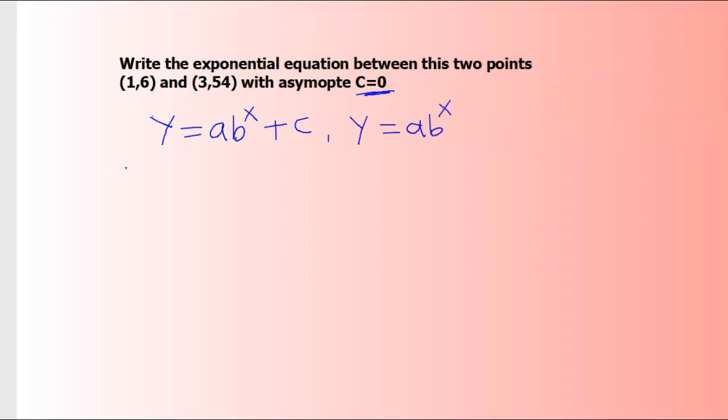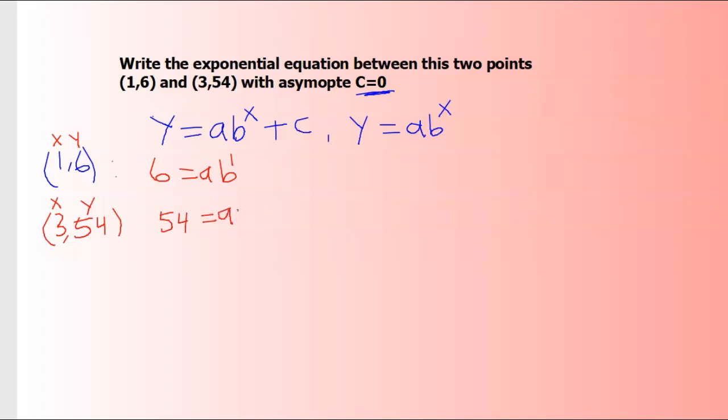At the point (1, 6), this is x and this is y, which gives us 6 is equal to a b to the power 1. And at (3, 54), this is x and this is y, so we get 54 is equal to a b to the power 3. This is equation 1 and this is equation 2.